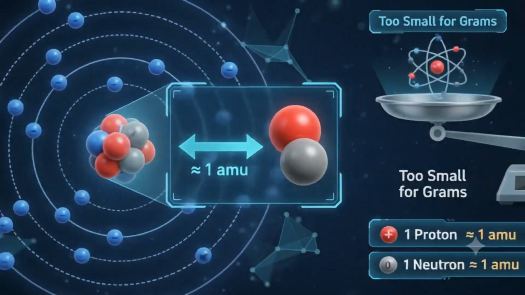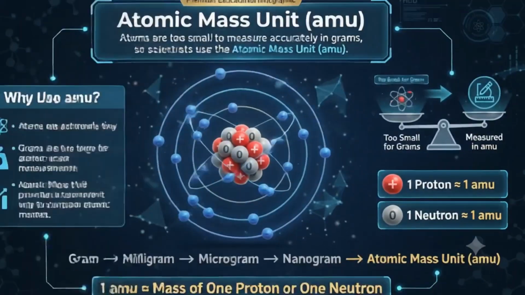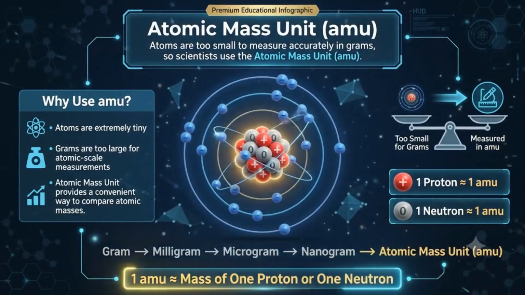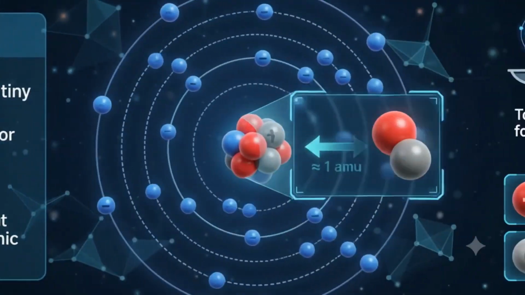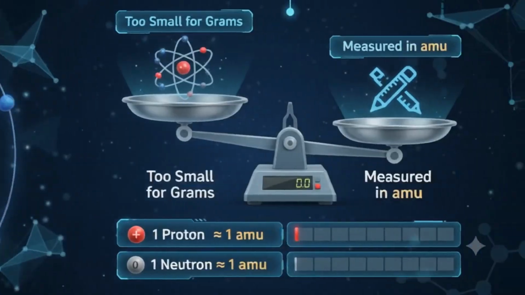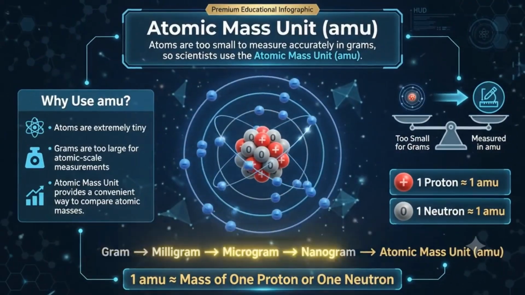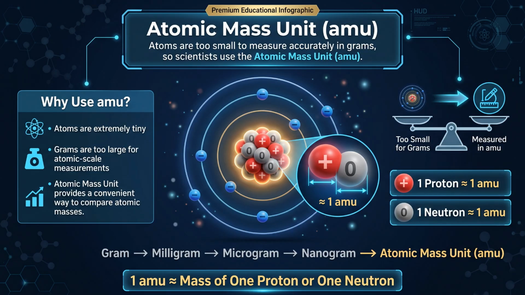Scientists use this unit because atoms are incredibly small, and measuring their masses in ordinary units like grams or kilograms would produce unimaginably tiny numbers that are difficult to work with. Therefore, instead of using grams, scientists developed a much more convenient unit called the atomic mass unit.